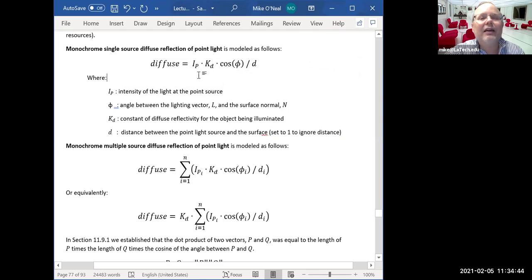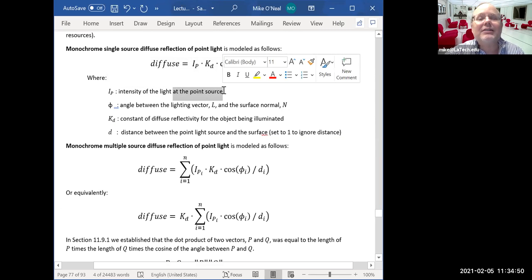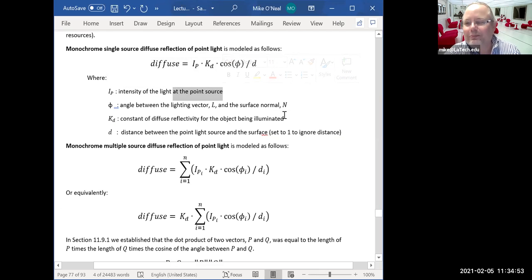Now, again, if D is 1, the intensity at the point source is going to be the intensity at the arrival point on the object. So if you're ignoring distance, you can think of this as the amount of light that arrives at the surface from the point source, because that's what it is.